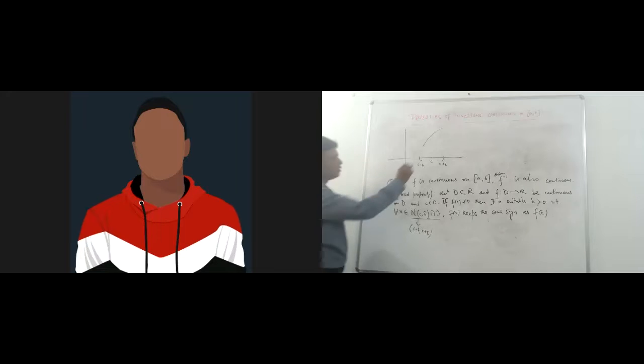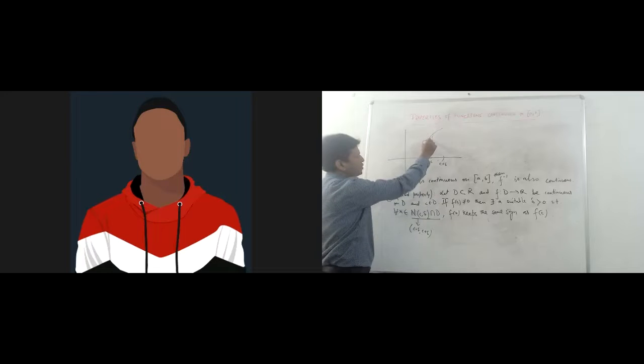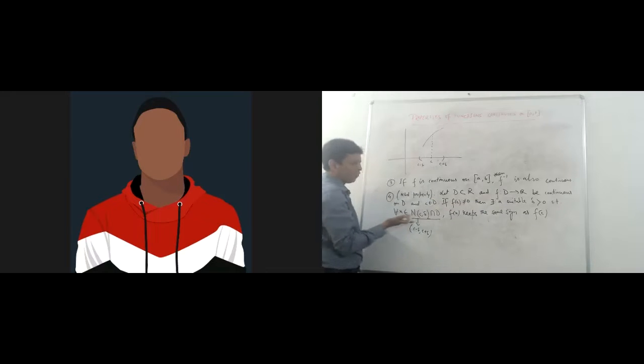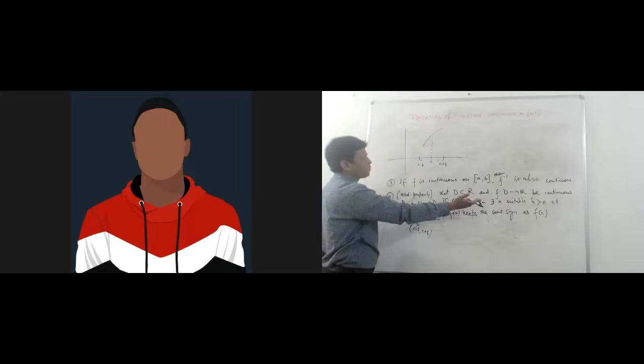What is f(c)? f(c) is the height, which is not equal to 0. Then there exists a suitable delta such that for all x, f(x) keeps the same sign as f(c).